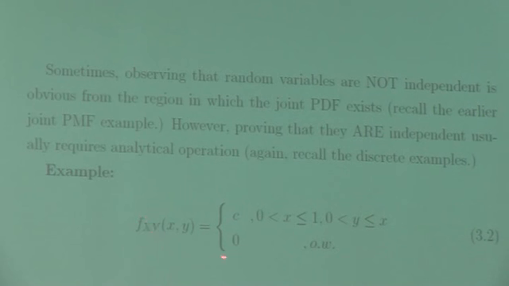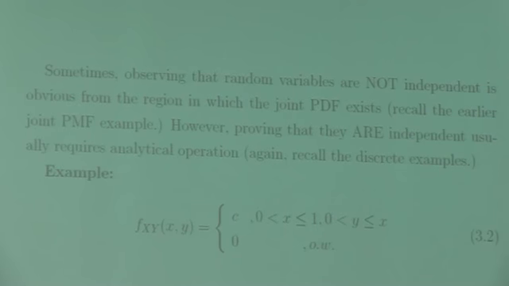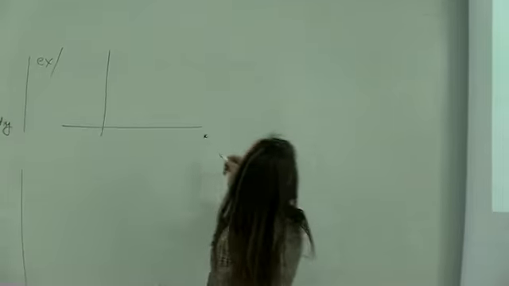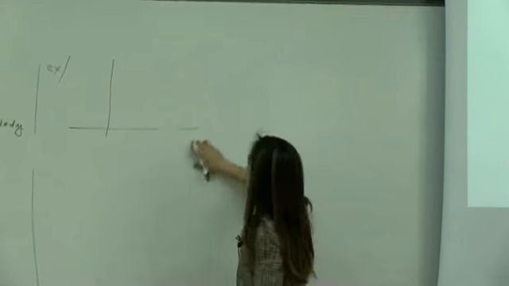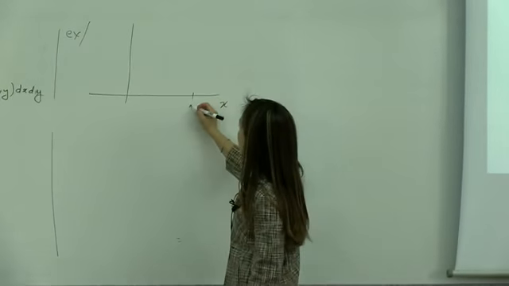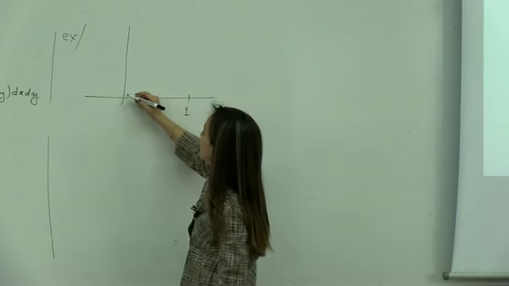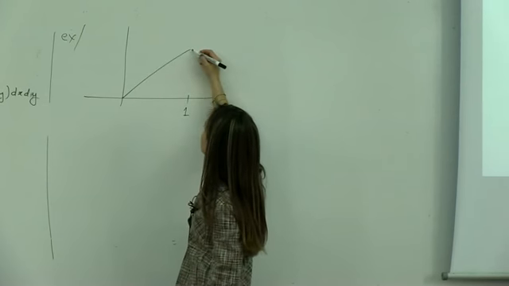f_XY is a constant whenever x is between 0 and 1 and y is between 0 and x. So let's see if they are dependent. Let's find the conditional densities, etc. So x is between 0 and 1, and y is between 0 and x.